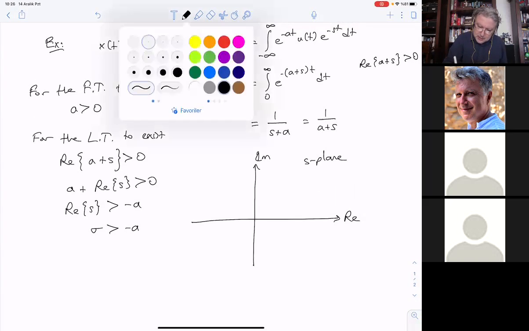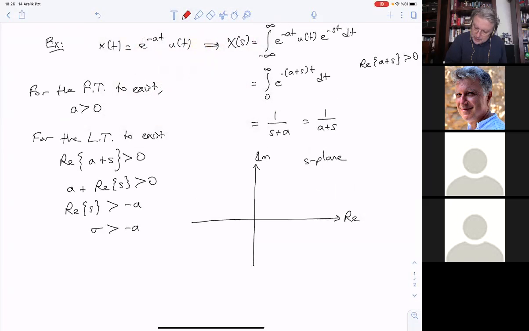Just a value. This condition, sigma or real part of s greater than minus a, needs this kind of interpretation. Minus a is minus 2, so this is minus 1, and here let's say it is minus 2. Okay, this point is minus 2.